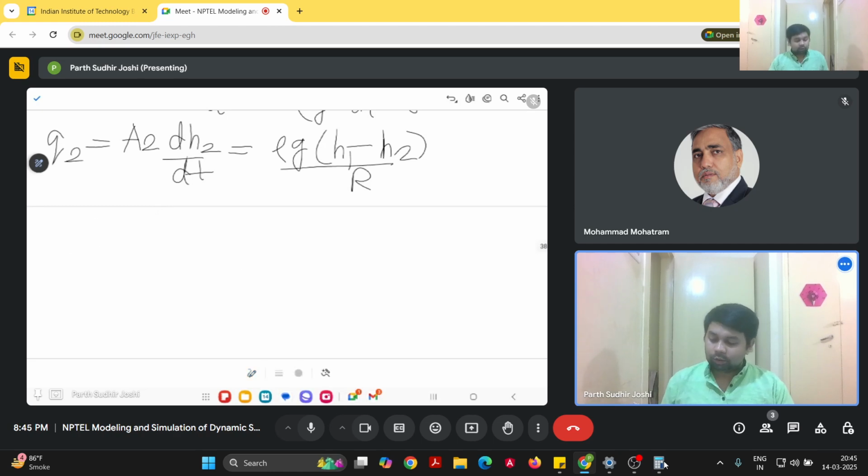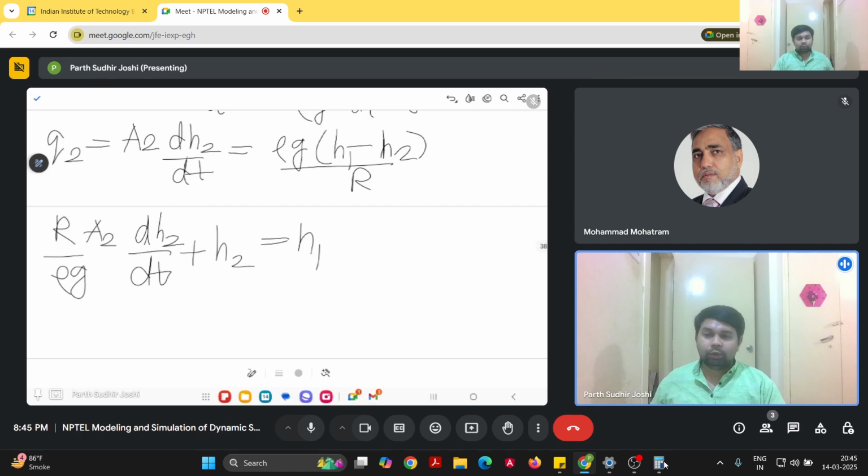So this is the equation of the rate of change of the height H2.